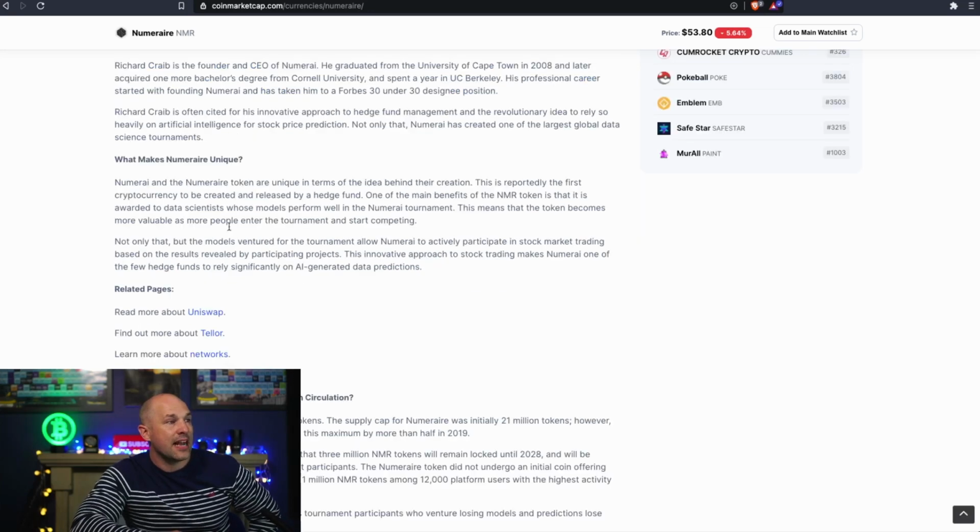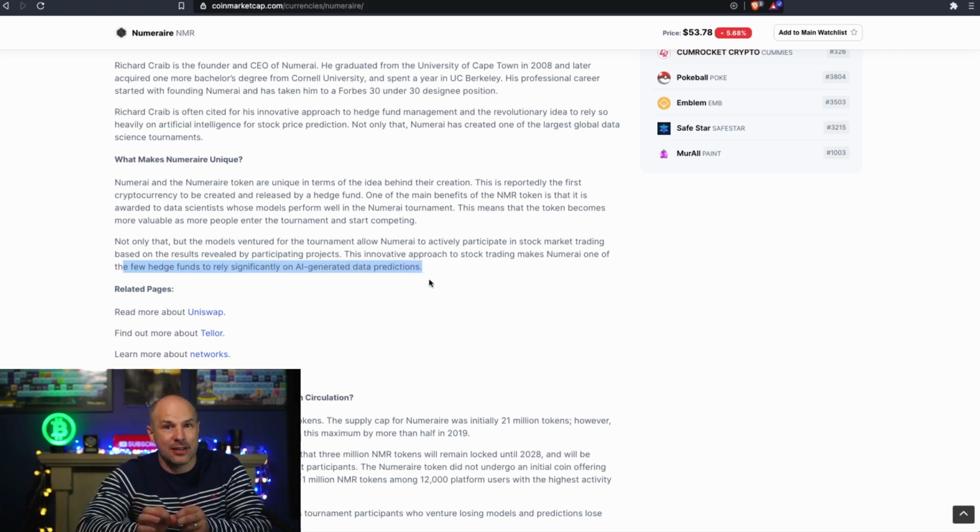As it says right here, the tournament allows Numerai to actively participate in stock market trading based on results revealed by participating projects. This innovative approach to stock trading makes Numerai one of the few hedge funds to rely significantly on AI-generated data predictions.